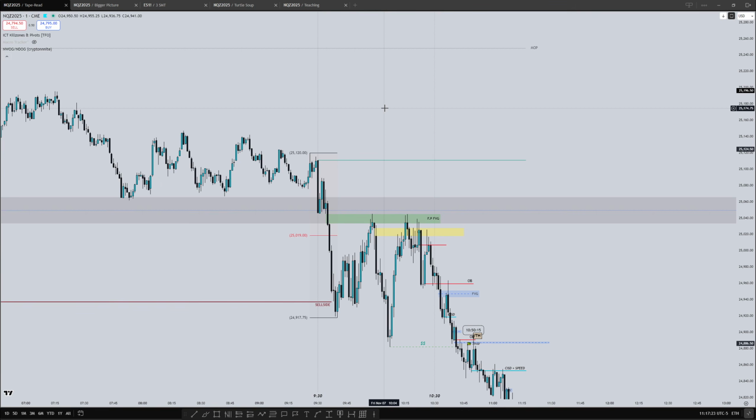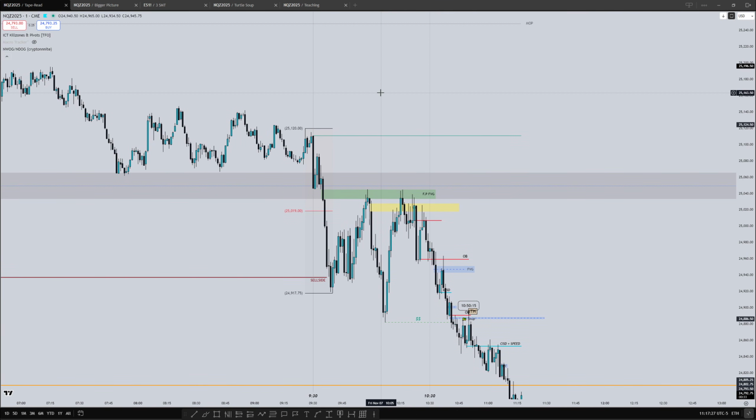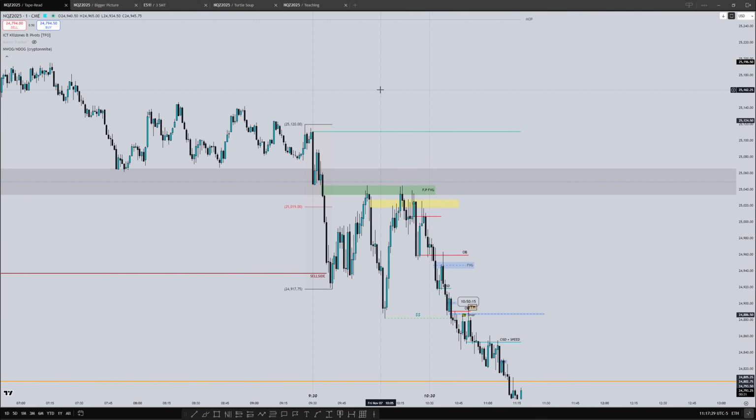Then I'm like, okay, you know what? It's probably going to do what you're talking about. If I don't see that specific thing, then it's more likely to continue the weekly profile in the weekly direction.